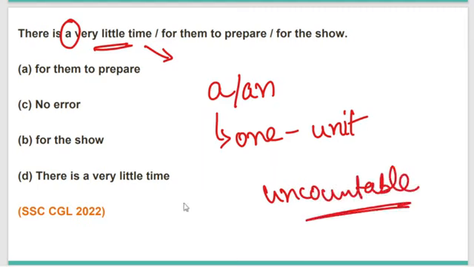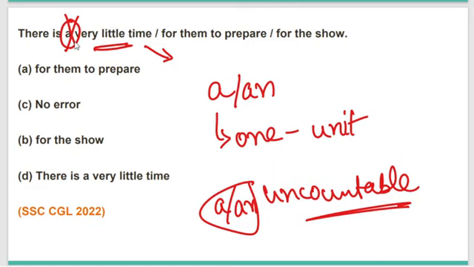Specifically, indefinite article a or an cannot be placed before uncountable nouns. So it's clear to us that we have to omit the letter a. So the correct sentence reads, there is very little time for them to prepare for the show.